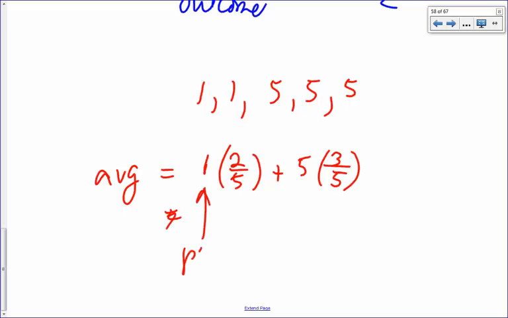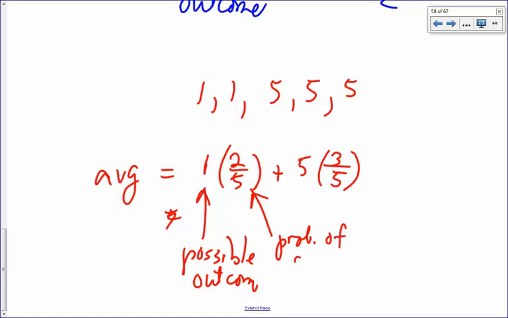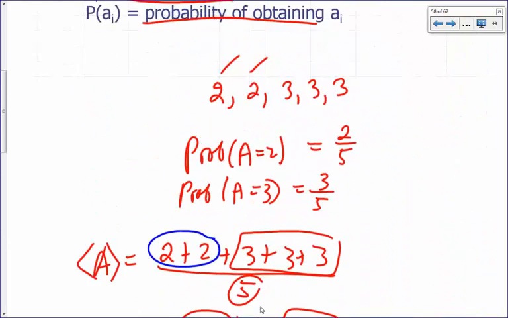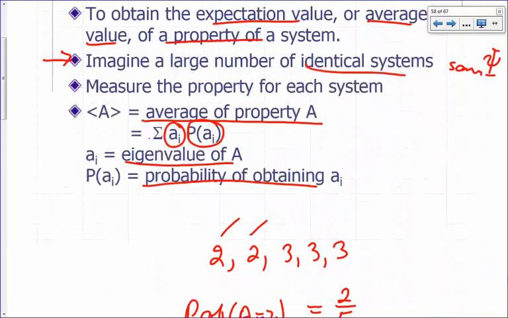So your possible outcome is a 1, and this would be the probability of getting a 1, provided that this particular set is representative of the whole large number of measurements. So that is your expectation value. That's how you calculate the average.